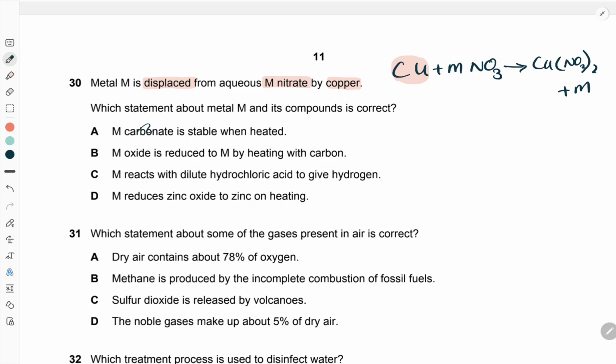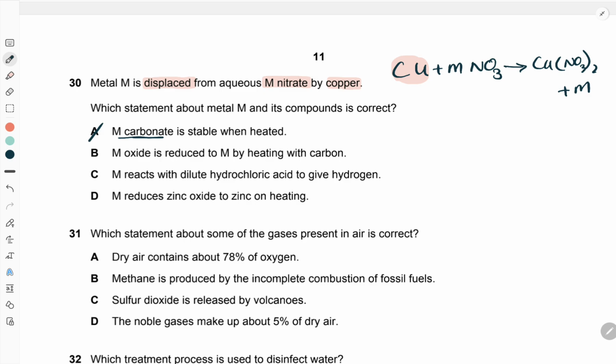M carbonate is stable. Those metals which are present above carbon in the reactivity series have stable carbonates. Copper is way below in the reactivity series, so its carbonate is very less stable. Incorrect. And M is even lower than copper.